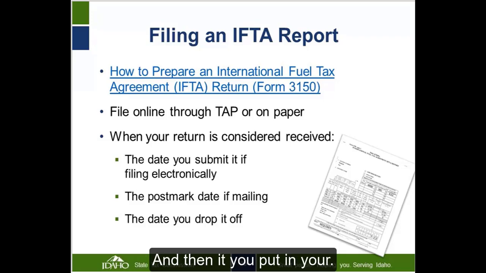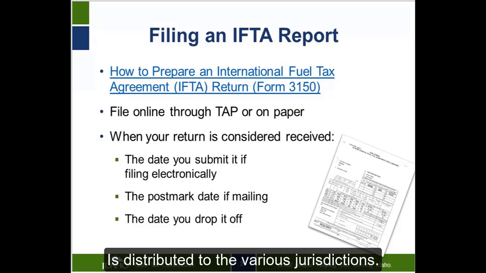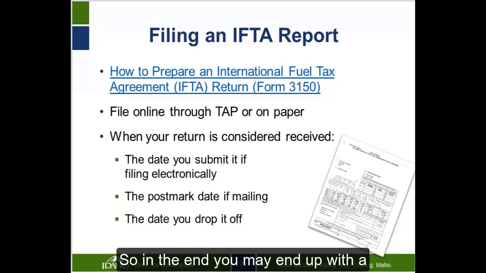And then you put in your tax paid gallons and you calculate how many gallons you used in each jurisdiction, and then that nets out the amount of tax that is distributed to the various jurisdictions. So in the end, you may end up with a little bit of a deficiency, or you may owe a little bit, just depending upon the tax rates in each jurisdiction.